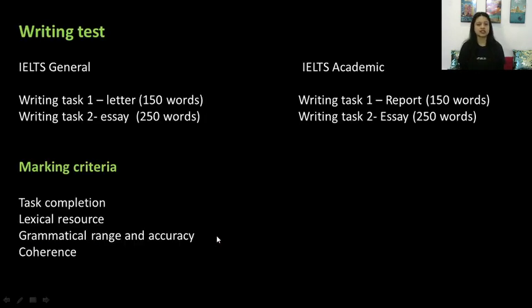Now, just a little bit about the writing test as well. Again, as I've told you, the writing exam is also divided into 2 categories, general and academic, and it's different for both.